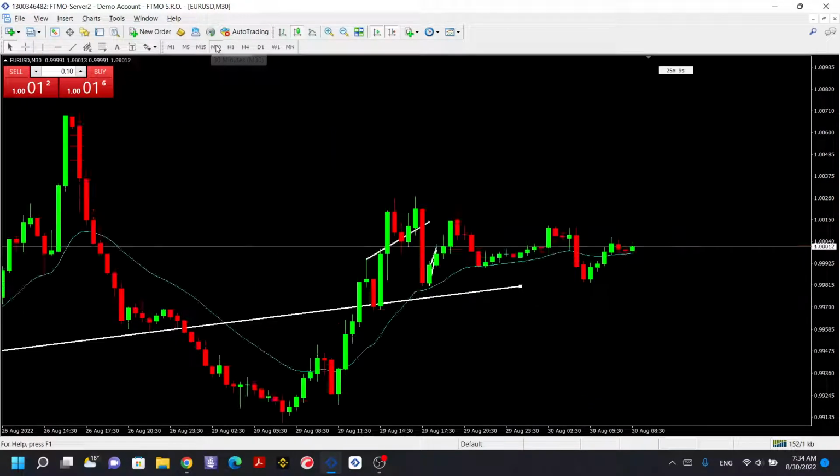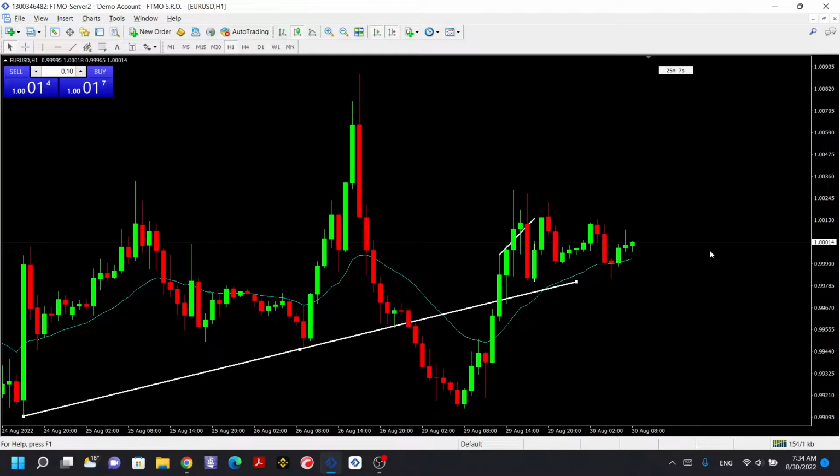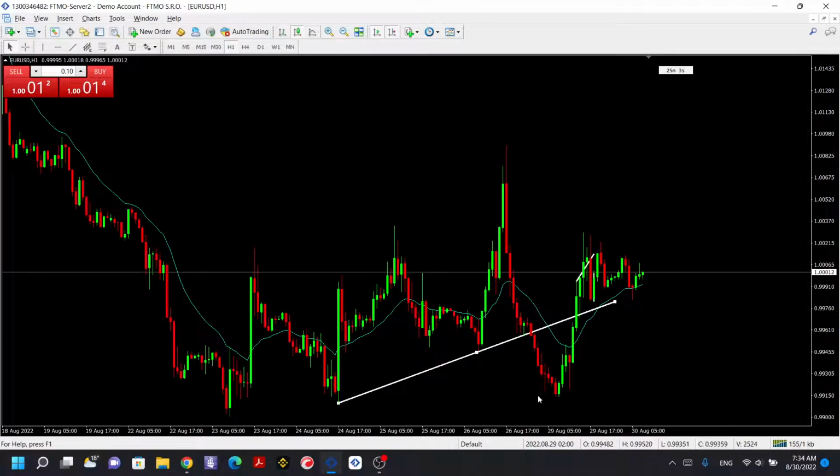I have a trend line here, I need to check this. This is a 1 hour trend line and it's a support trend line. This is actually a point of concern here.